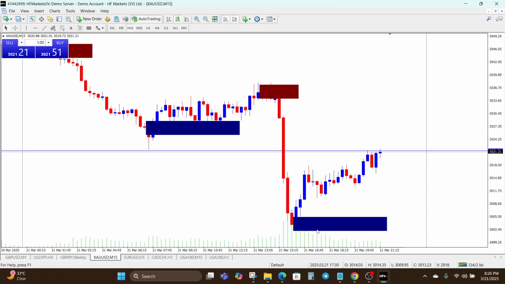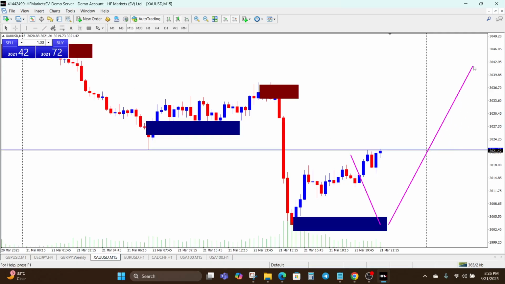So for example, let's say price happens to come down back into the zone. You can look for a buy opportunity. Just watch out for bullish reversal candlestick patterns, and then you can use other indicators for confirmation, maybe the RSI or any other indicator, just to get additional confirmation.